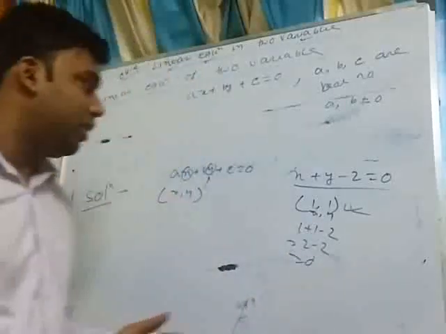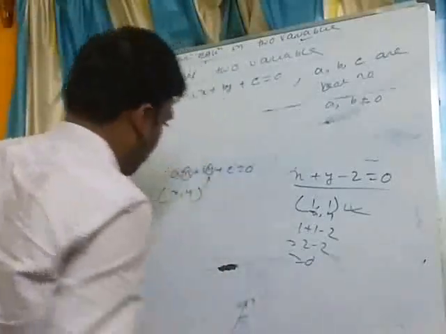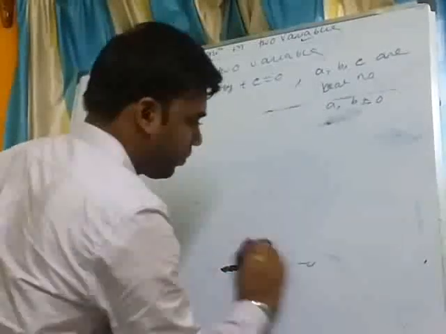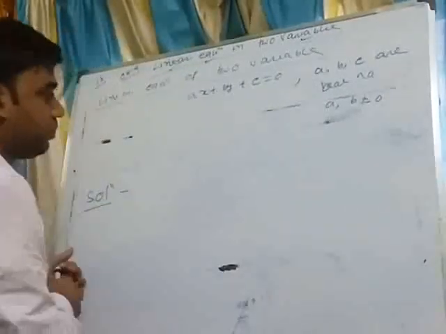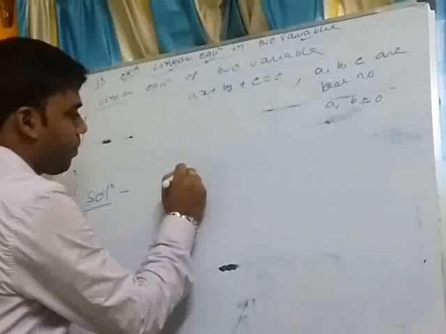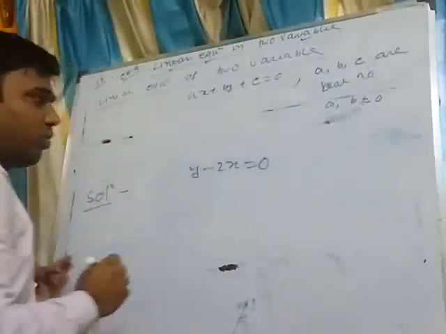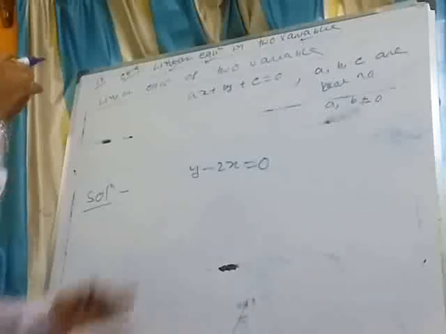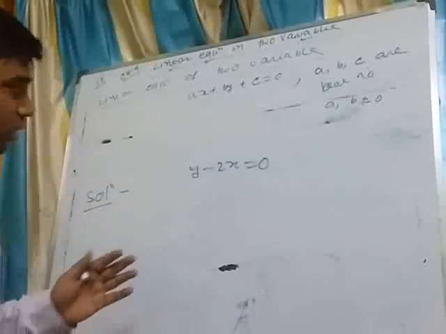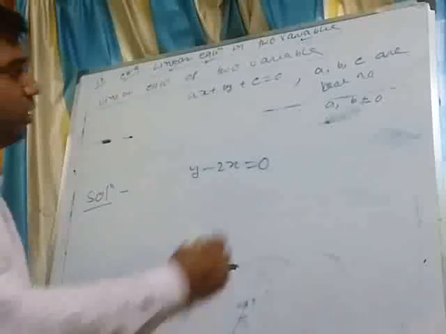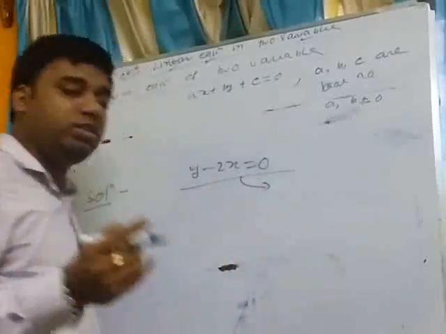I am taking an example. Okay, y minus 2x equal to 0. First, reduce it into the general form.